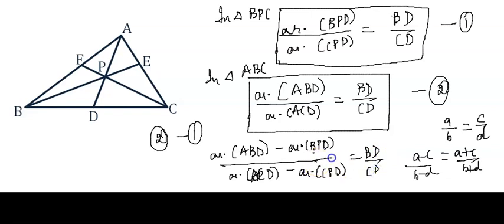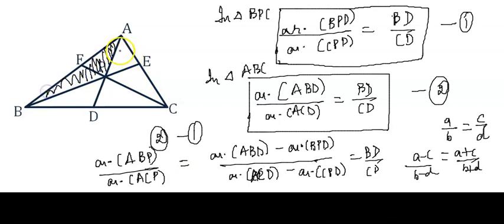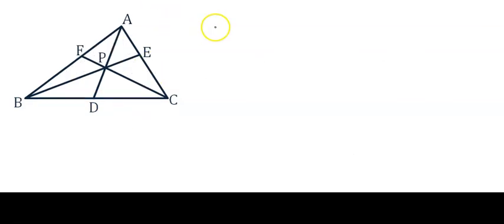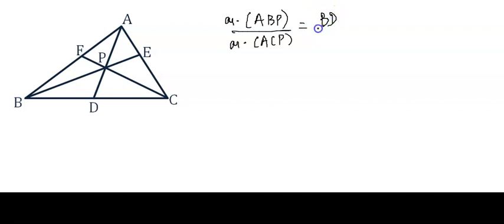And ABD minus BPD gives the area of ABP, and ACD minus CPD gives the area of ACP. So the area of ABP upon the area of ACP is equal to BD by CD. Let us call this equation alpha.